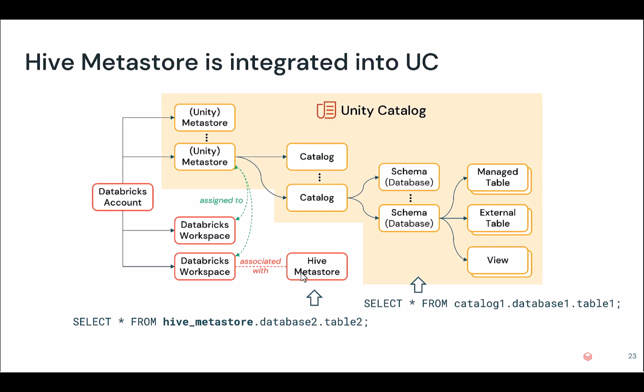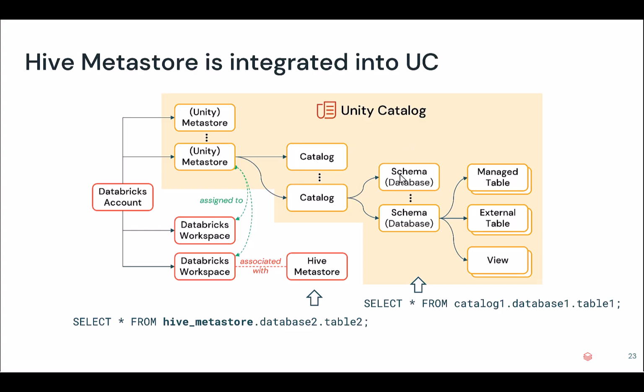So if you're working with some old data or for backward compatibility, you can continue to work with Hive Metastore, and you can do security and many different things, but it works only within that workspace, with your account for all practical purposes. But if you're dealing with Unity Catalog, you can share across the organization. So that's the difference.